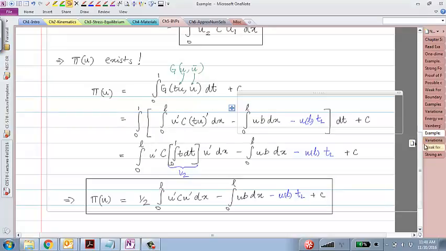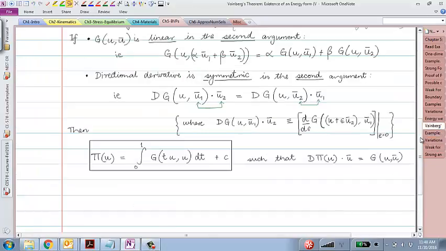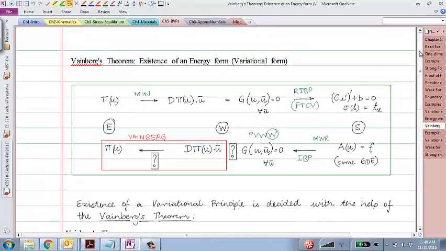So in essence, going back to this big picture view, we have found a way to jump back and forth between these three different forms: from a strong form, method of weighted residuals, integration by parts, to weak form. Now, if this weak form satisfies the Weinberg theorem conditions, then we can find pi u as well.